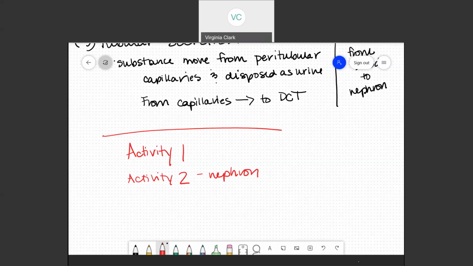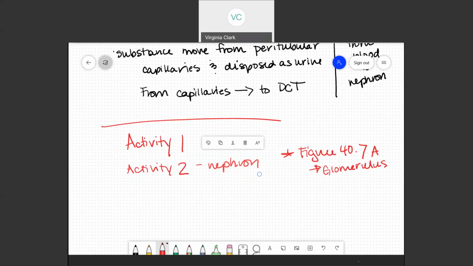One thing I do want you to look at and know with this kidney is to be able to identify figure 40.7, and I believe this is also a drawing. Make sure you are looking at figure A. This is going to be the microscopic perspective of the glomerulus. So make sure you understand how that process works.